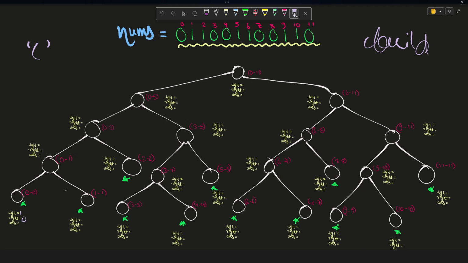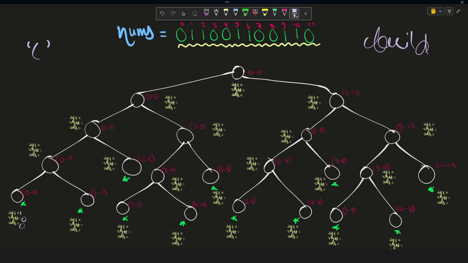And since this leaf level represents just a single bracket, we know that a single bracket will never form a valid or correct bracket sequence, because to have a correct bracket sequence we at least need 2 brackets, but the base level represents just a single bracket. So I can just say that the answer variable for each and every base level leaf node will be 0.